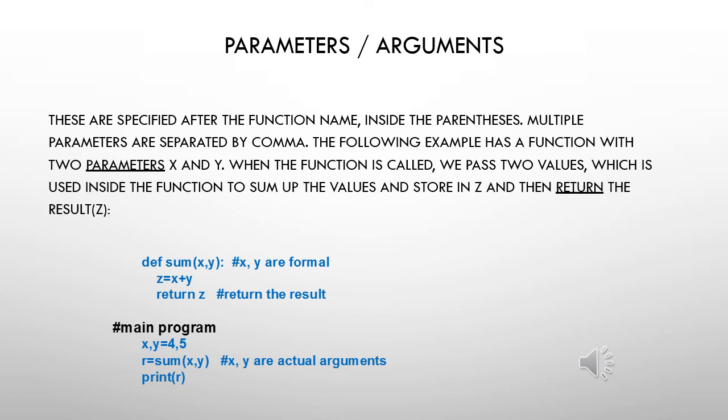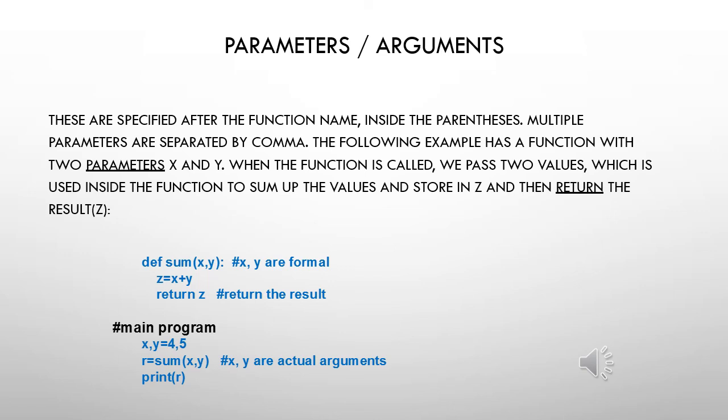Here we assign x as 4 and y as 5 in the main program, and we use these variables as parameters in the function sum. In the function, whose name is sum, we add the two parameters, assign the value to z and return it to the main program.